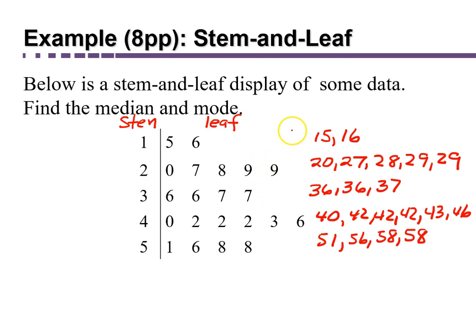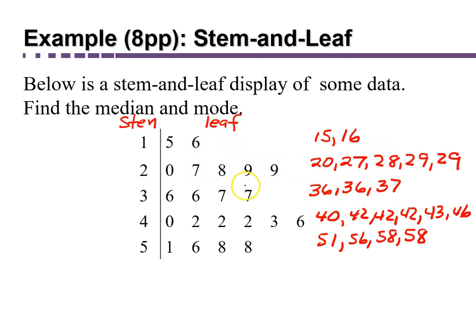Now, if you wanted to find the mean of this, you would have to add all of these up. And then the median, again, you count the number of items that you have, and then which would be the middle value, and then looking for the mode, you would look to see what value is the greatest used.